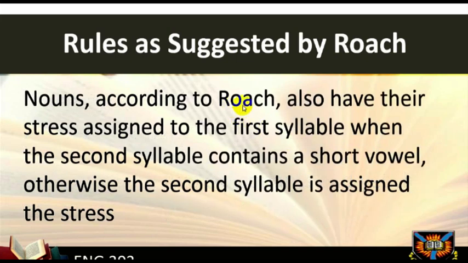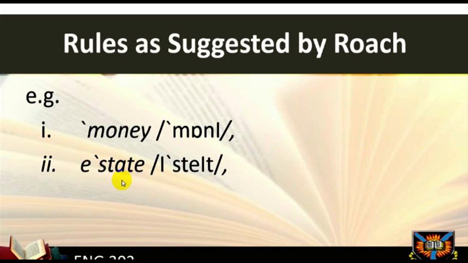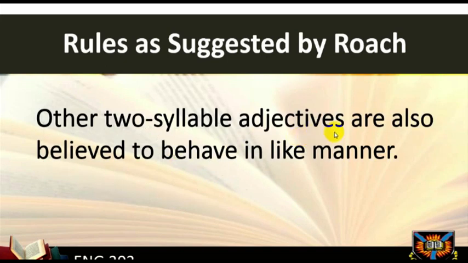Nouns, according to Roach, also have their stress assigned to the first syllable when the second syllable contains a short vowel. Otherwise, the second syllable is assigned the stress, e.g., many, estate, balloon. Other two-syllable adjectives are also believed to behave in like manner.